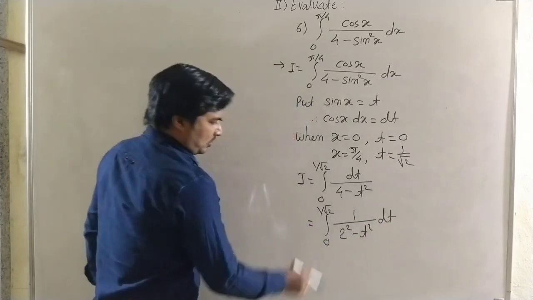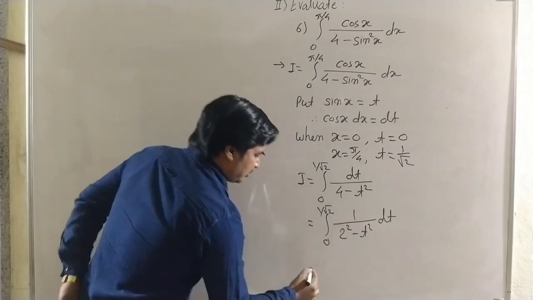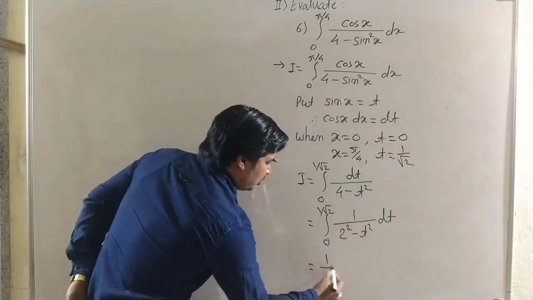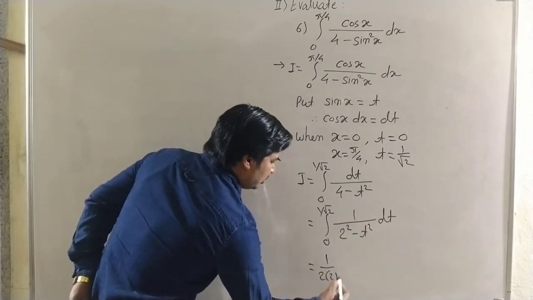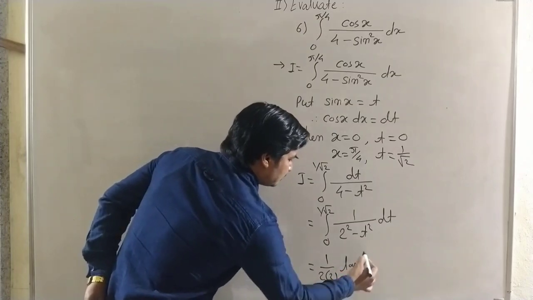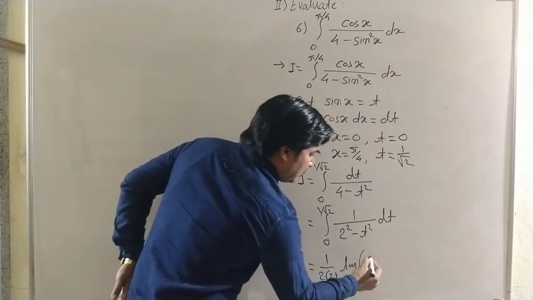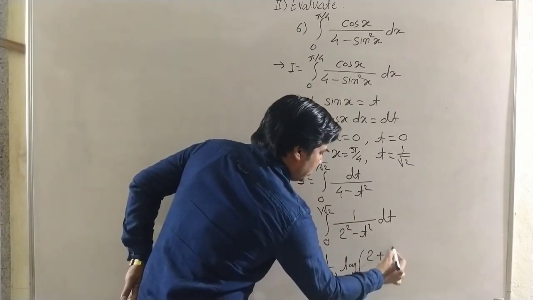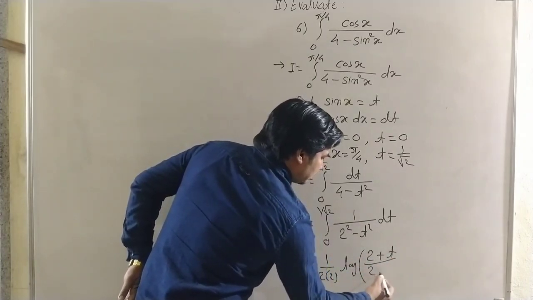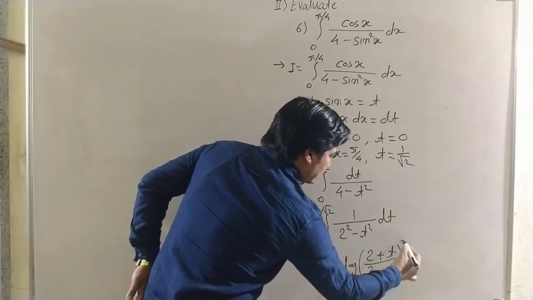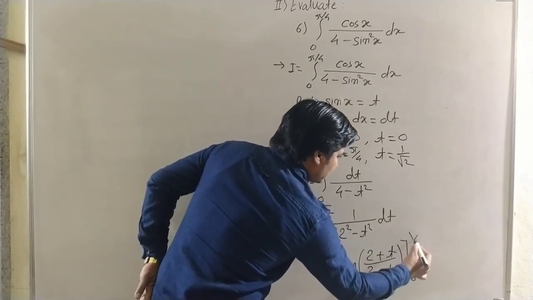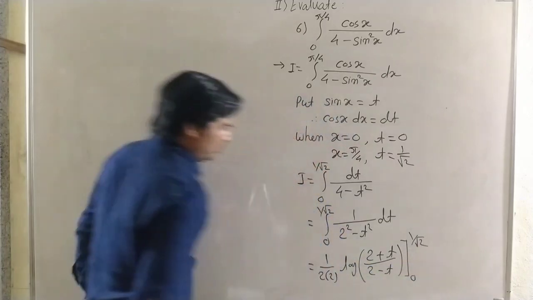Special integral 1 upon a square minus x square is 1 by 2a log of a plus x upon a minus x. So it is 1 by 2 into 2 log of 2 plus t upon 2 minus t, with limits 0 to 1 by root 2.